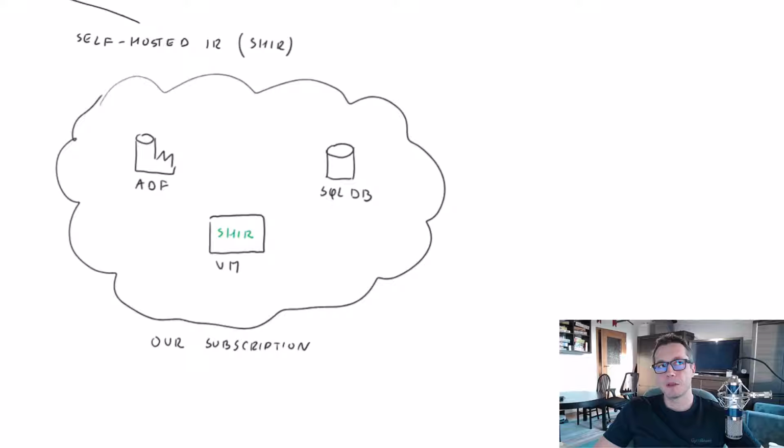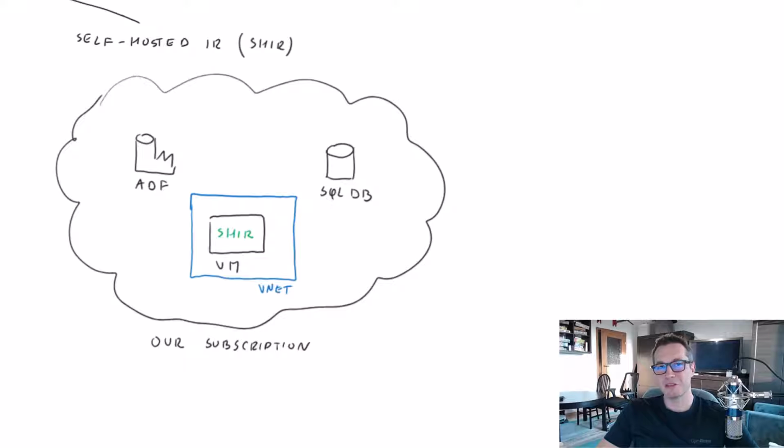Now, when we want to create a virtual machine in Azure, we've got to insert it into some network. So this blue box is our VNet. We've got to create a VNet and subnet.